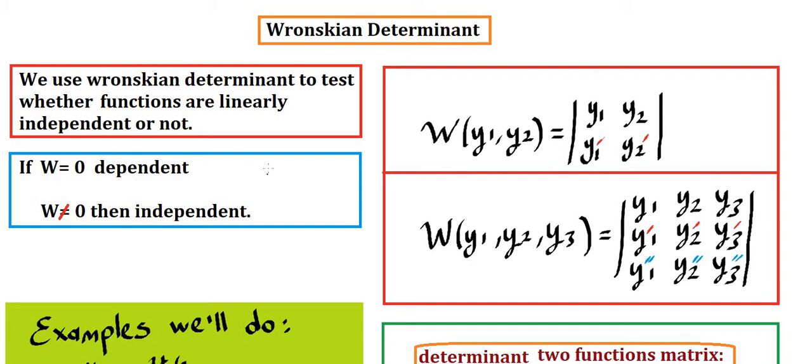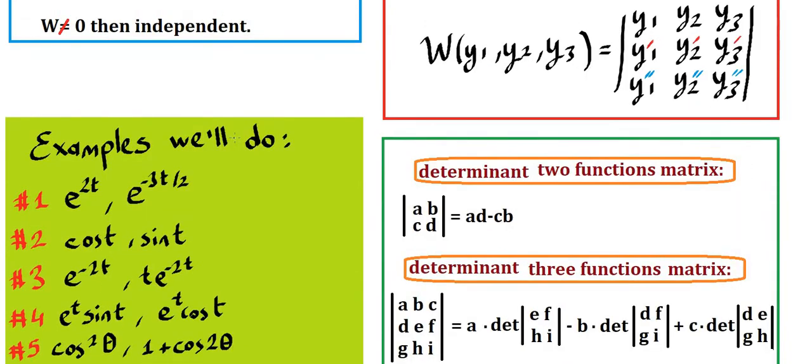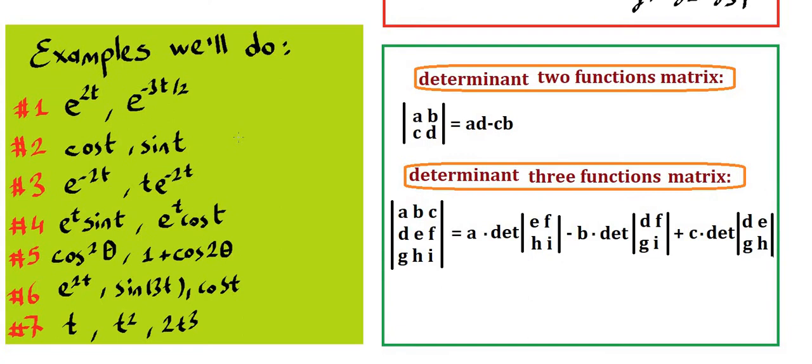Let's see how we take the determinant. So let's remember from our linear algebra class. If we have a 2 by 2 matrix, then the A entry times the D entry minus the C entry times the B entry will give us the determinant. If we have a 3 by 3 matrix, then what we're going to do is like this.